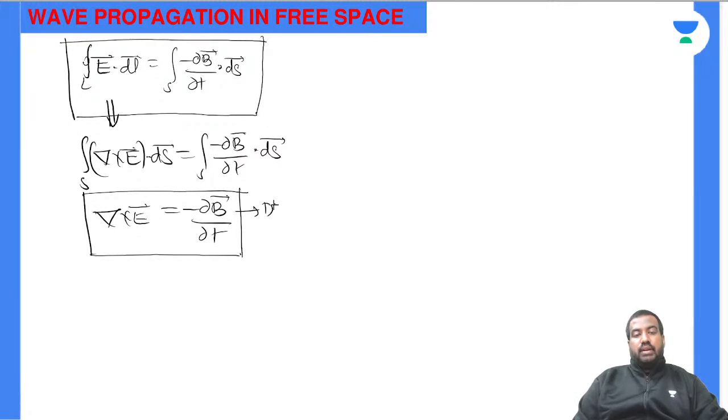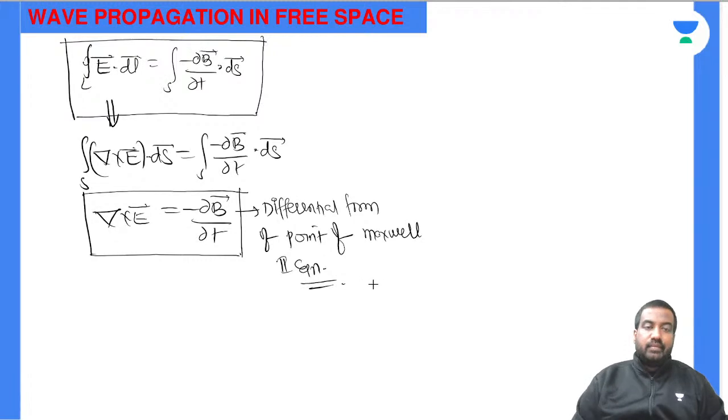This is the differential form or point form of Maxwell's second equation for time varying fields.